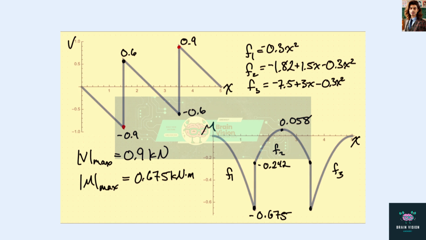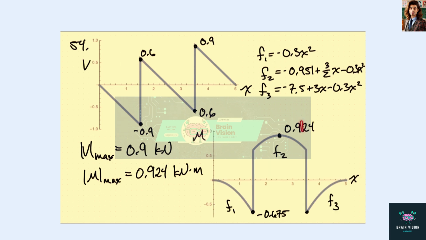We saw that we had a peak of this amount, and here we had a peak of this amount, and we want to know at what angle the maximum absolute value of the bending moment is as small as possible.